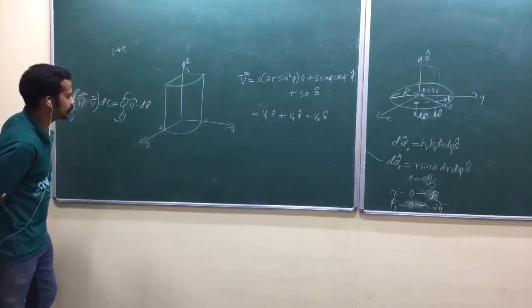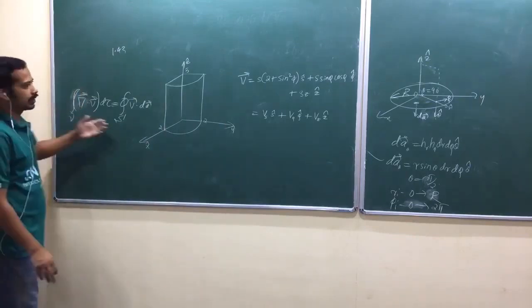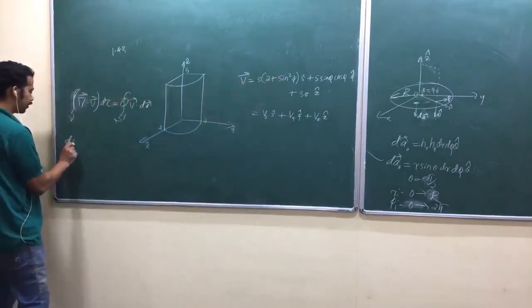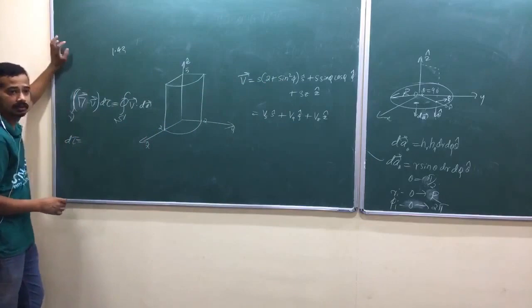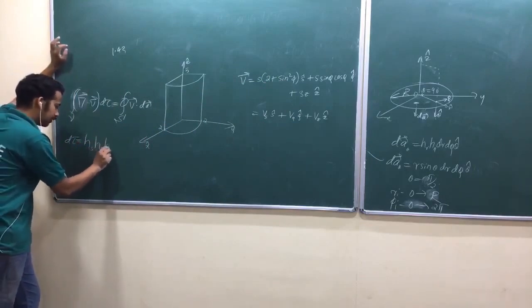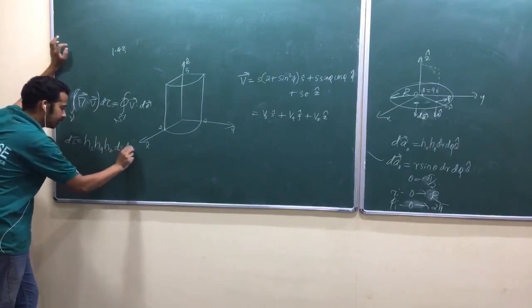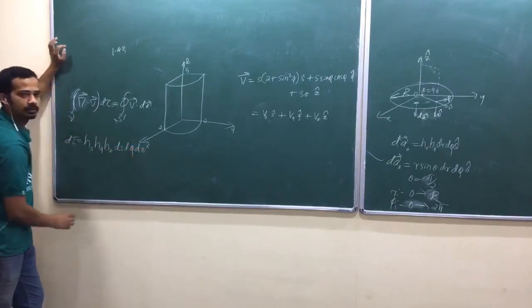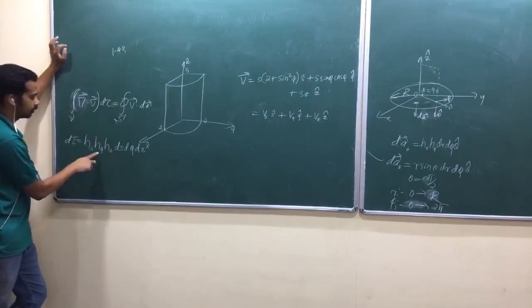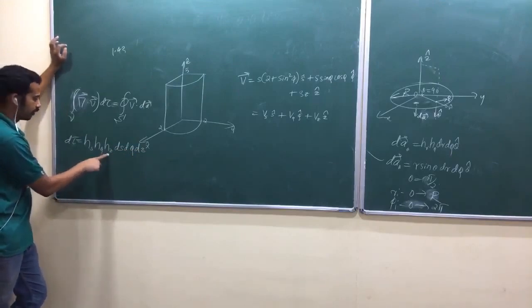Now look here. Anyway, you can take the divergence in that coordinate system. And what is your d tau? I think I haven't written d tau yesterday in cylindrical coordinates. It is H_s H_phi H_z ds d phi dz. All three are variable. What is H_s? H_s equals 1.